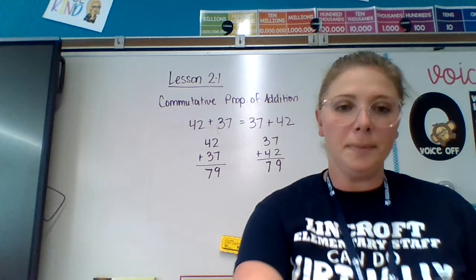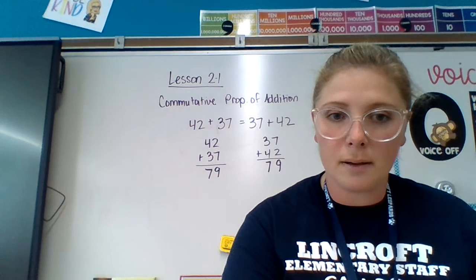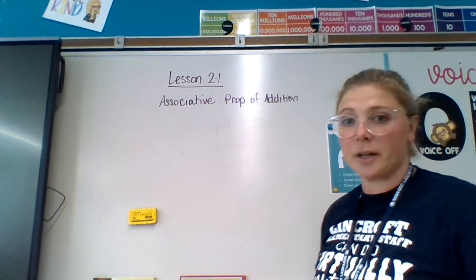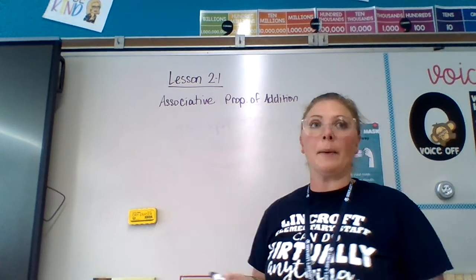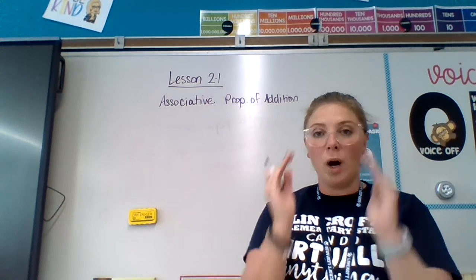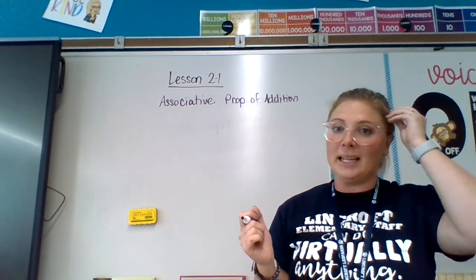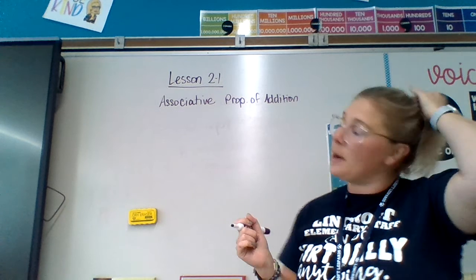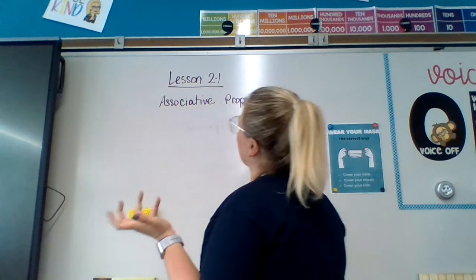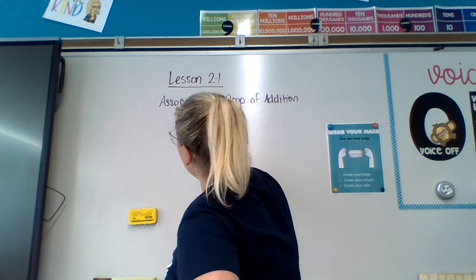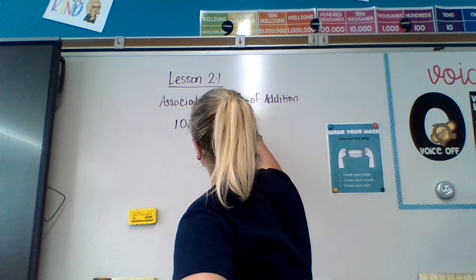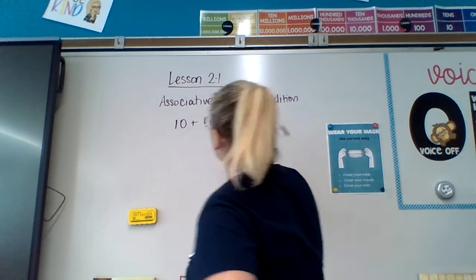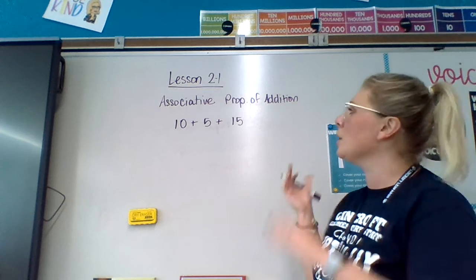The next one we are going to talk about is the associative property of addition. And the associative property states that no matter what way you group the addends, you're still going to get the same sum. So if I had, let's just say, 10 plus 5 plus 15, okay, I can make a group.